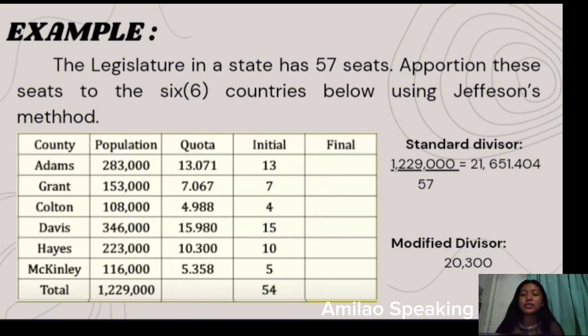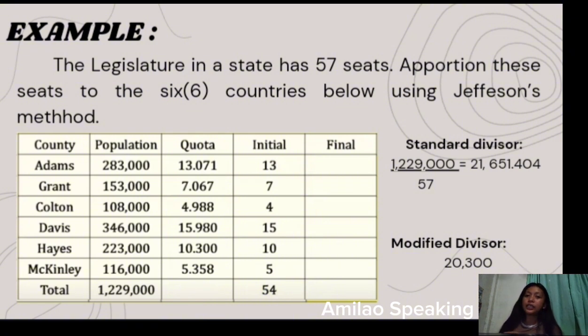As for Davis, 346,000 divided by 20,300 is 17.044. As for McKinley, a population of 116,000 divided by 20,300 is 5.714. As for initial, the initial for Adam is 13.941.